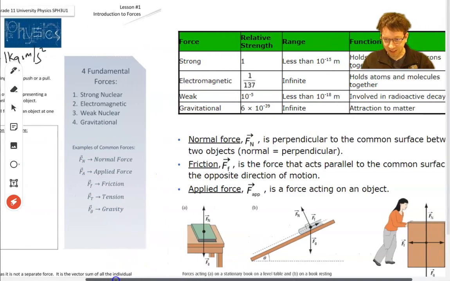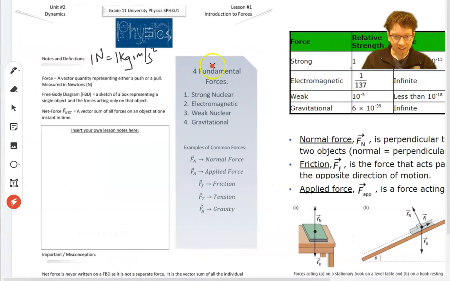But first, I want to tell you what a free body diagram is. So in order to analyze the motion of an object, we need to know what force or forces are acting on that object because forces cause motion. So what is actually pushing and pulling on that object? In order to figure that out, we draw a free body diagram. A free body diagram is basically just a box, right?